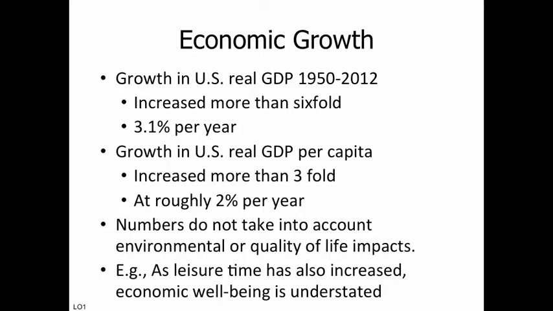In terms of real GDP per capita over this 60-year period, it has increased by more than 3-fold. So these are large increases in GDP and GDP per capita. And the real GDP per capita growth rate over that 60 years was roughly about 2%.